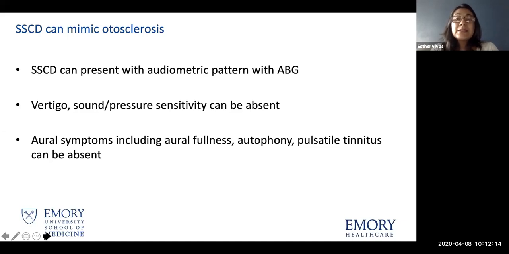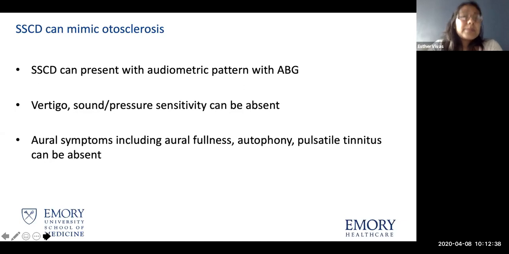The incidence in our institution of having asymptomatic superior canal dehiscence has been, we did a study and it was about 30% where you can find a bony deficiency without having any sort of symptoms. So it was just an incidental finding.